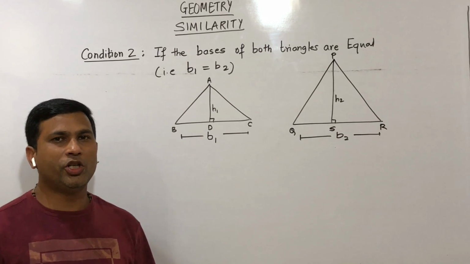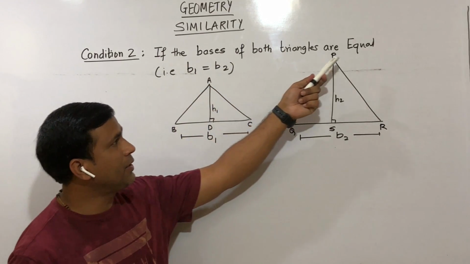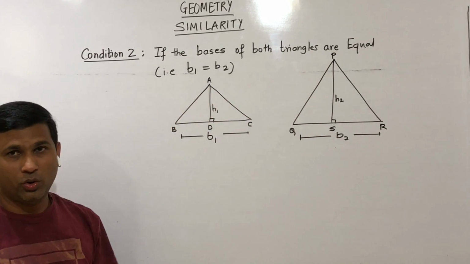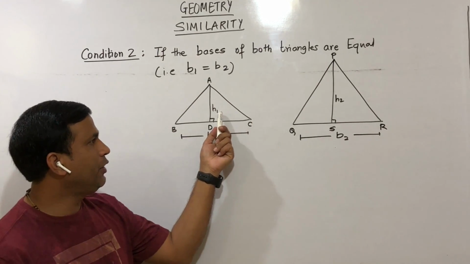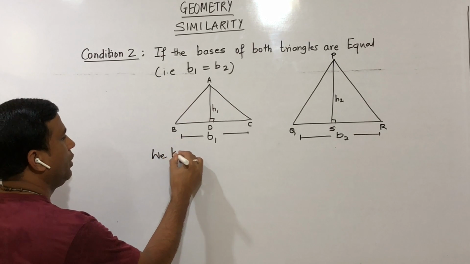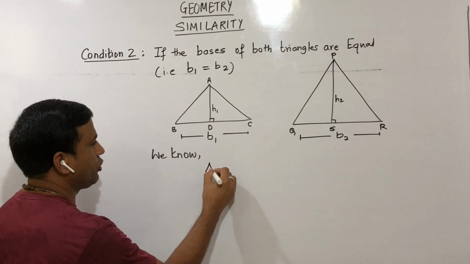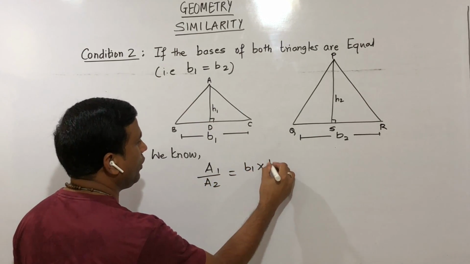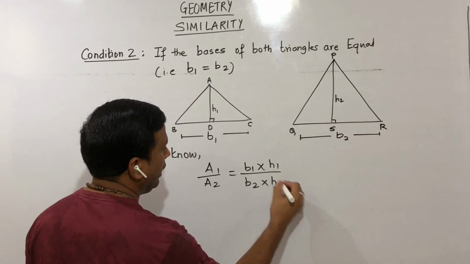Let's see condition 2. It says if the bases of both the triangles are equal, that is B1 is equal to B2. You can see in the figures, you have a common base with different heights. As we know, the ratio of the areas of two triangles A1 upon A2 is equal to B1 into H1 upon B2 into H2.